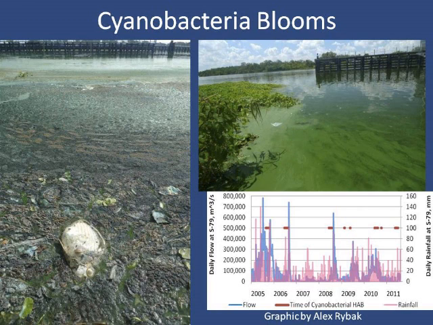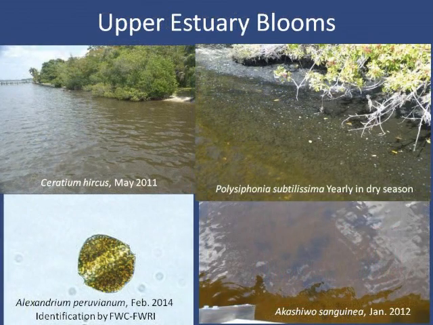And in the rest of the estuary, near Fort Myers, we have blooms of dinoflagellates during the dry season. These produce organic matter that settles at the bottom, takes up oxygen, and causes oxygen demand problems in the spring and summer as the water warms up.